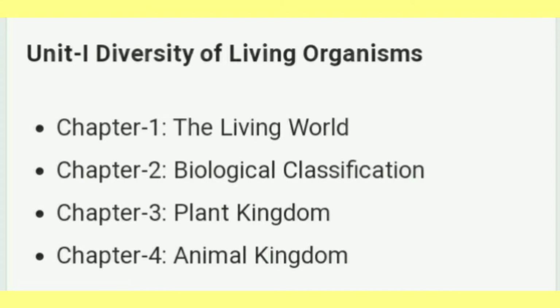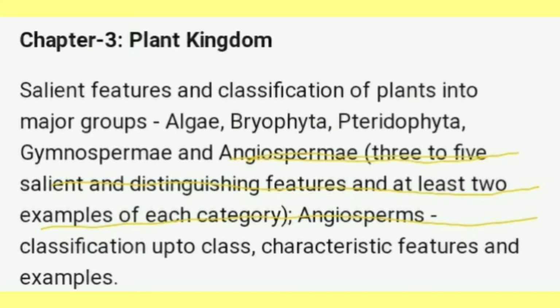Like in chapter 3 you have salient features and classification of plants into major groups: algae, bryophyta, pteridophyta, gymnosperm, angiosperm. From this part the eliminated parts are angiosperms, classification up to class, and characteristic features with examples. So the angiosperm part is deleted, not the entire chapter.